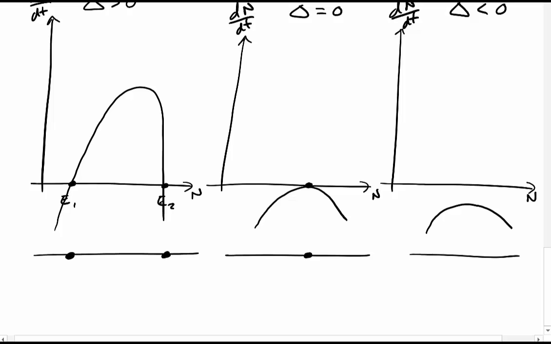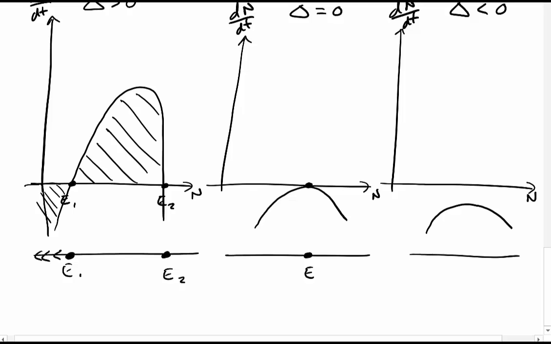So what happens with dN/dt? Well, this is E1, this is E2, and this is our equilibrium point where E1 is equal to E2. To the left of E1, dN/dt is negative, so we're moving to the left. In between E1 and E2, dN/dt is positive, so we're moving to the right, and to the right of E2, dN/dt is negative, so we're moving to the left.